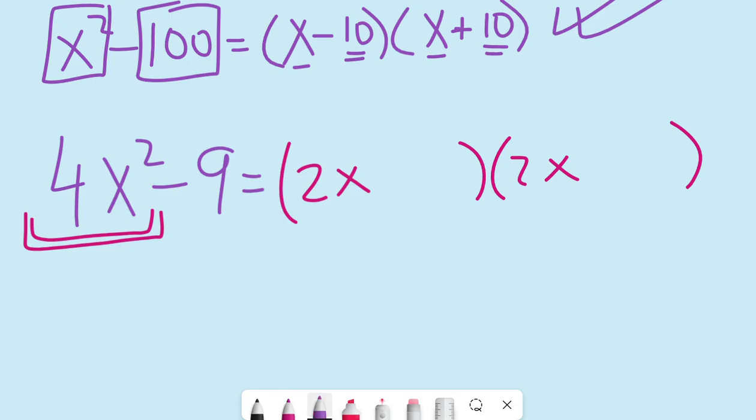Okay, and then here, we know one is plus, the other one is minus. Minus plus, plus minus, it does not matter. Finally, what number times what number will give me 9? 3 times 3 will give us 9. That's it. We are done with this question.